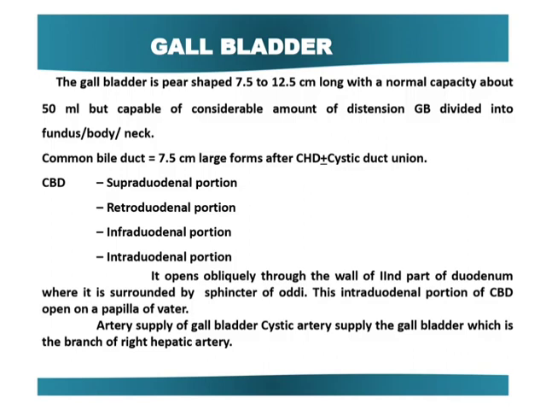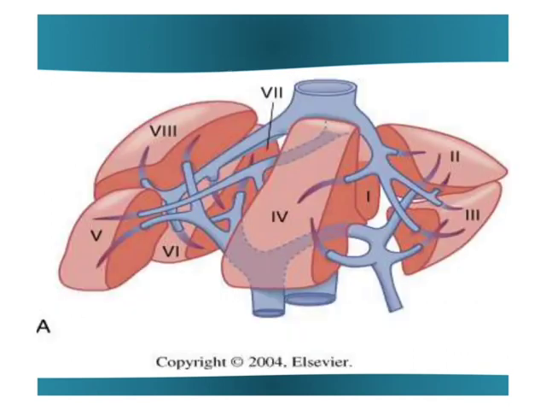It is 7.5 centimeters long. Throughout its course it has a supraduodenal portion; the portion that lies behind the duodenum is the retroduodenal portion; below the duodenum is the infraduodenal portion; and then the intraduodenal portion, where it opens obliquely through the wall of the second part of the duodenum, surrounded by the sphincter of Oddi. This intraduodenal portion of the CBD opens as the ampulla of Vater, or papilla of Vater.